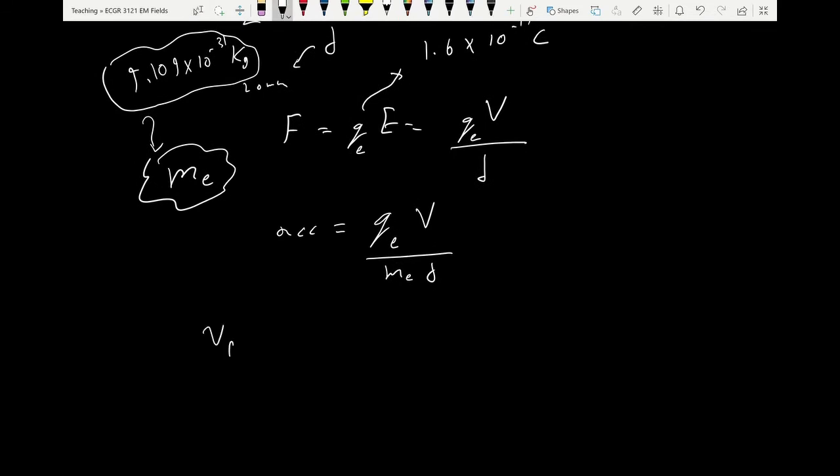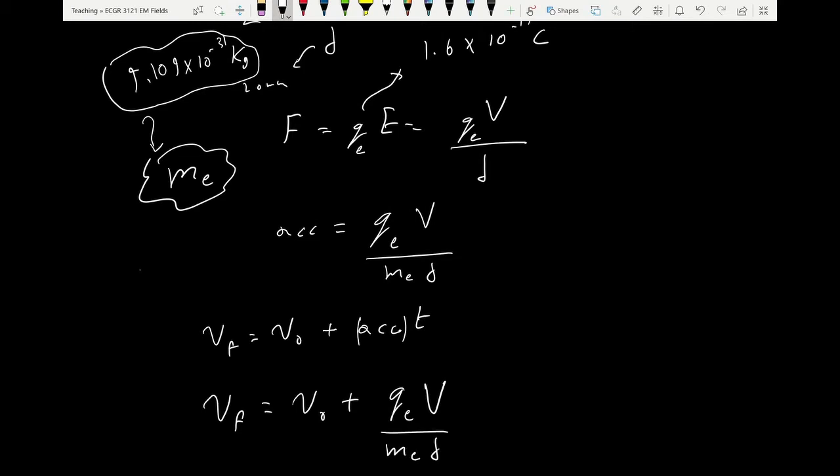The final velocity is the initial velocity, which I know too, it's given to you, plus the acceleration times t. Right, so I'll write that down. The final velocity is the initial velocity plus the acceleration, Qe V over ME D, times t.